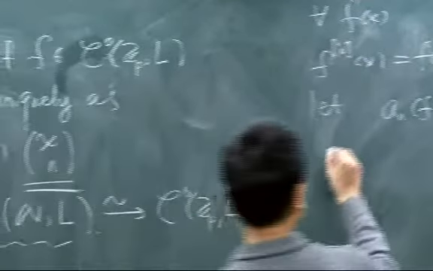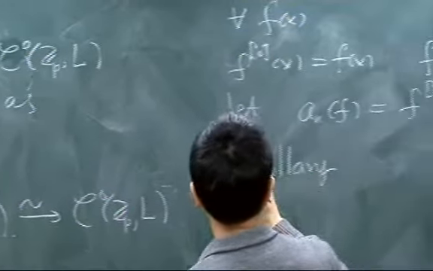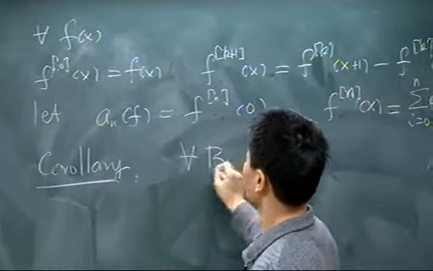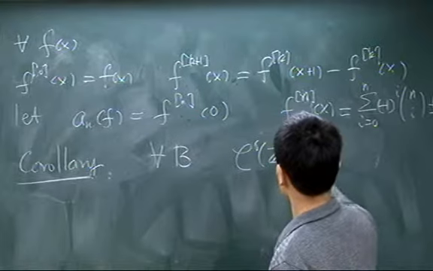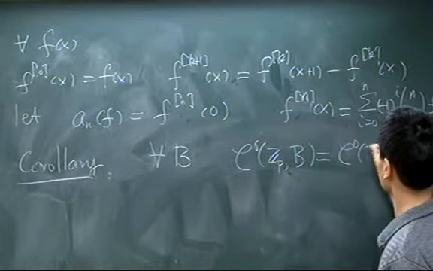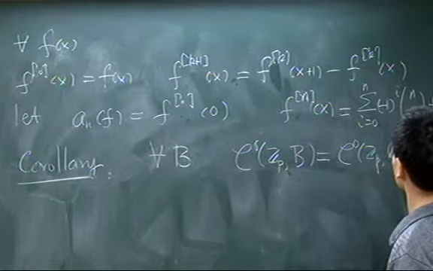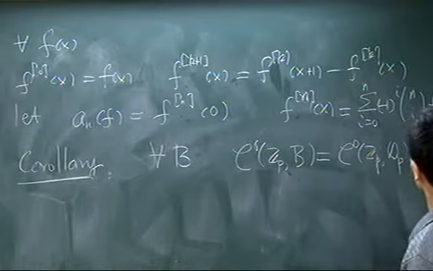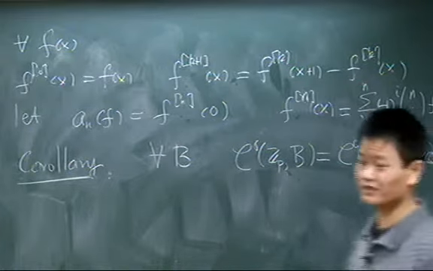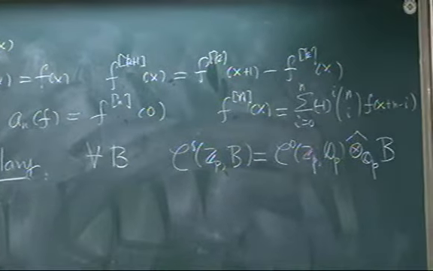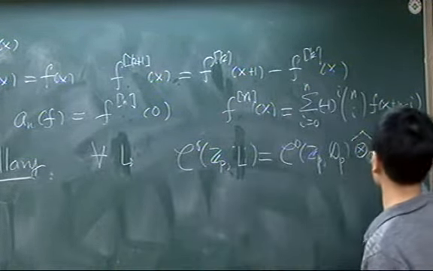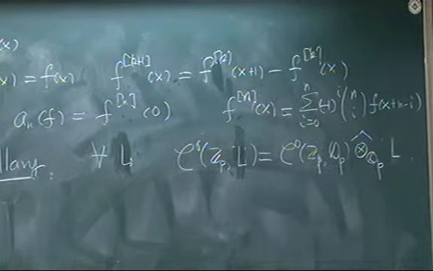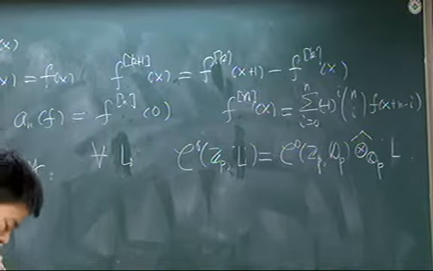You can get a corollary: here you use L, but you can use any B. So you can see that C0(Zp, Zp) works for any L, because x choose n is defined over Qp with values in Qp.